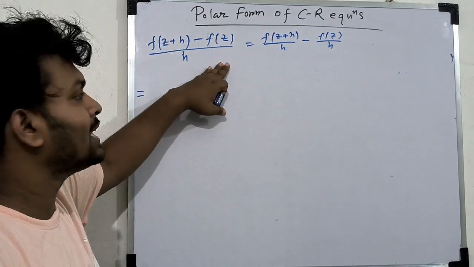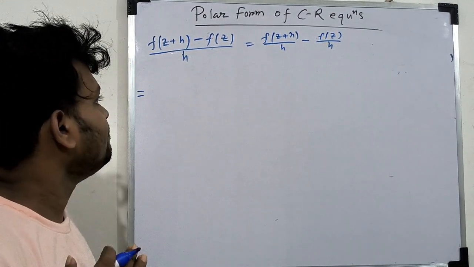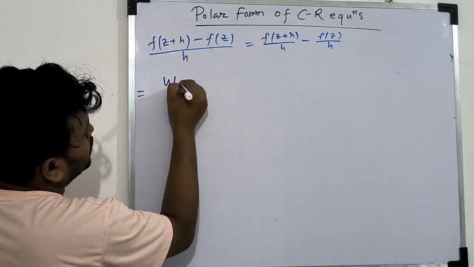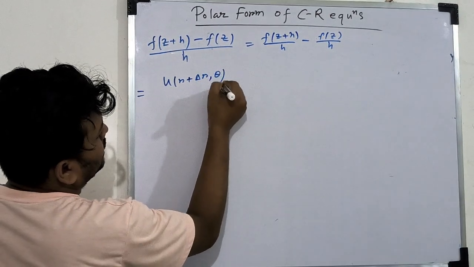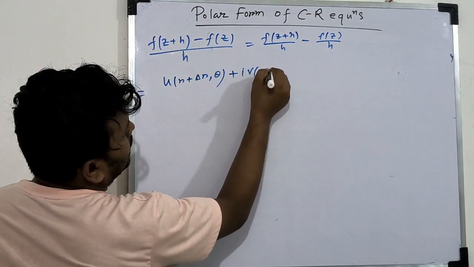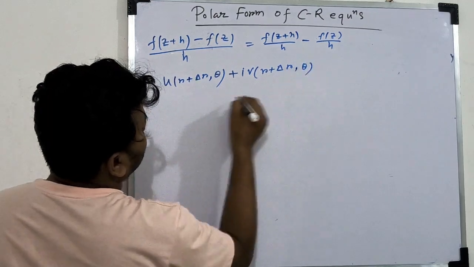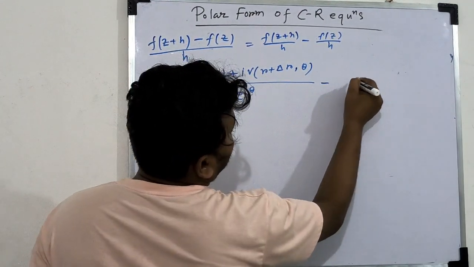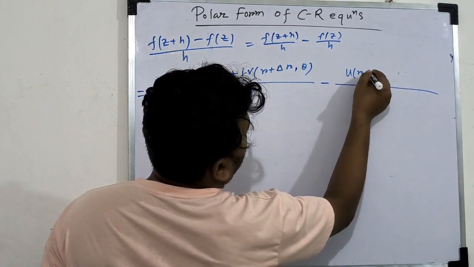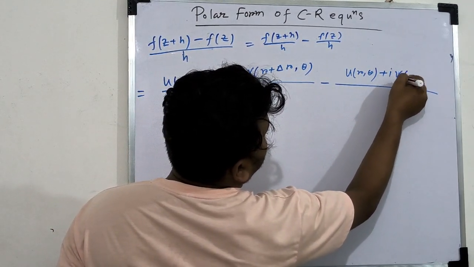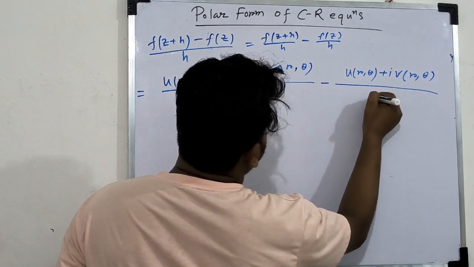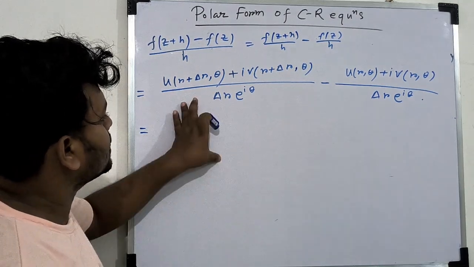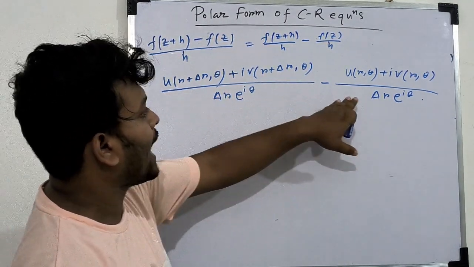I am calculating in such a way that you all understand the calculation. So first we write f(z + h) as u(r + Δr, θ) + i v(r + Δr, θ) divided by h, meaning Δr e^{iθ}, and this is minus f(z), that is u(r, θ) + i v(r, θ) divided by h, that is Δr e^{iθ}. So now we collect u and v.